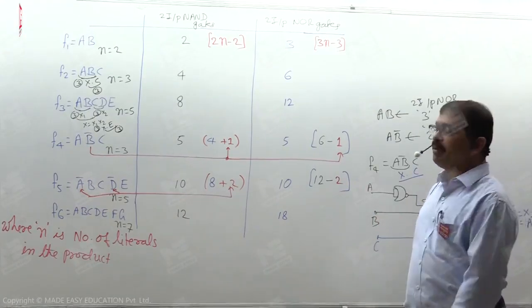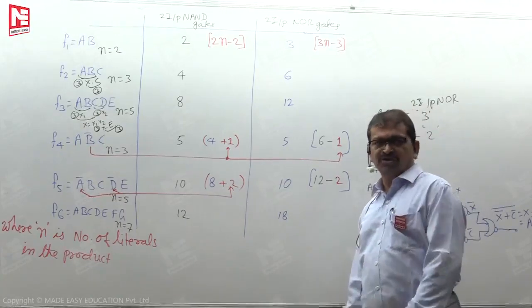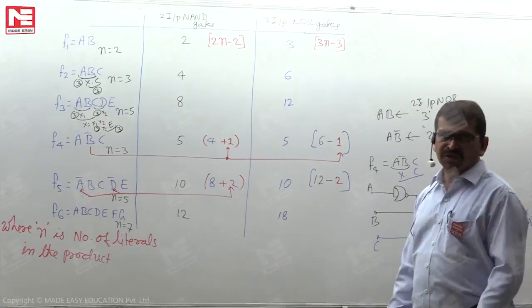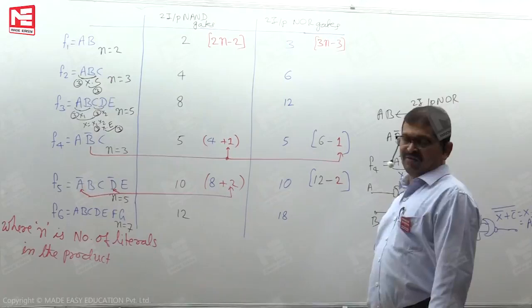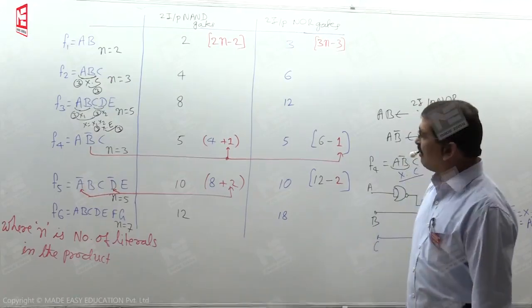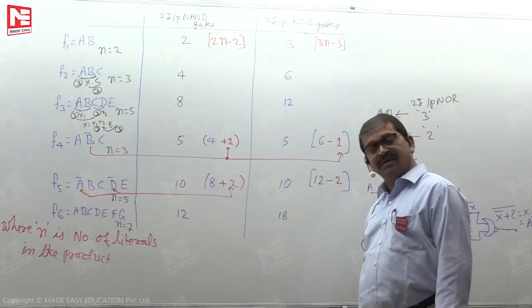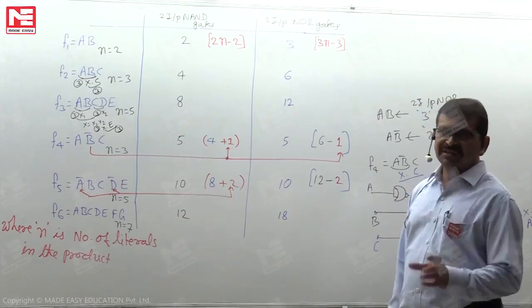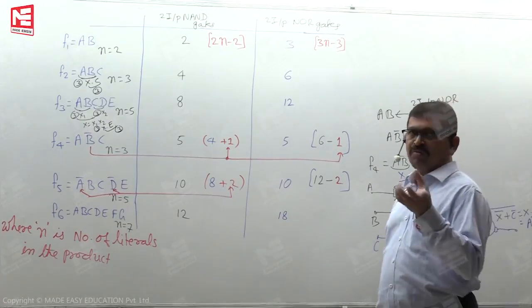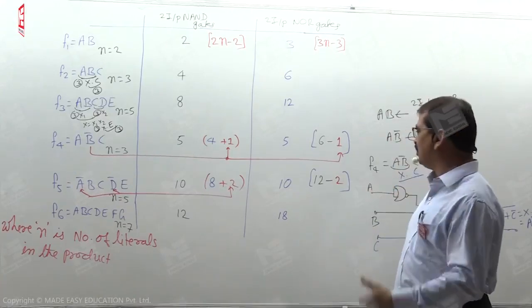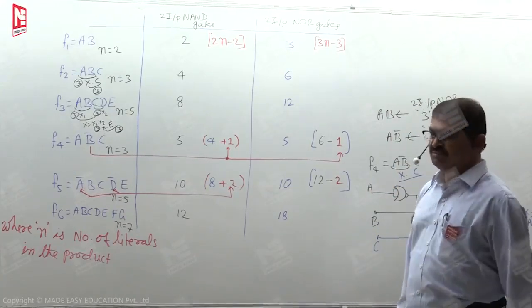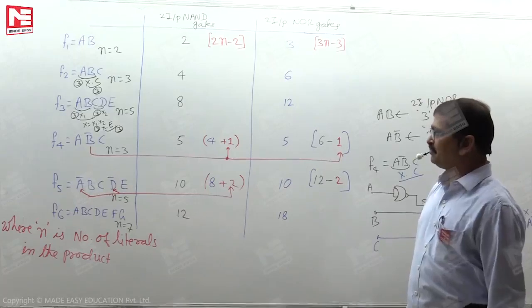And when we are implementing with the NOR gates, the formula is 3n minus 3 without any complement on the variable. As and when we are having complements, the formula is 3n minus 3 minus k, where k is the number of variables which are with complements. Like this, we need to remember.